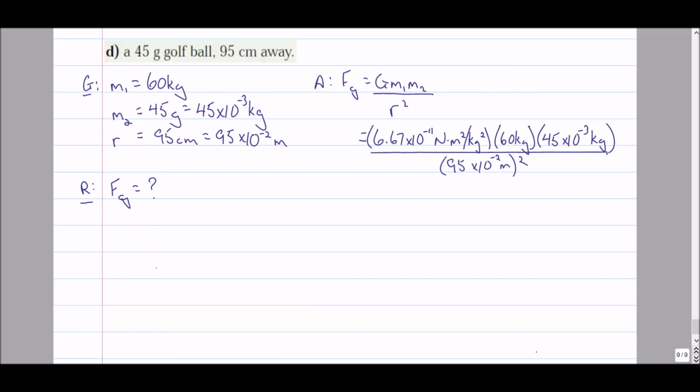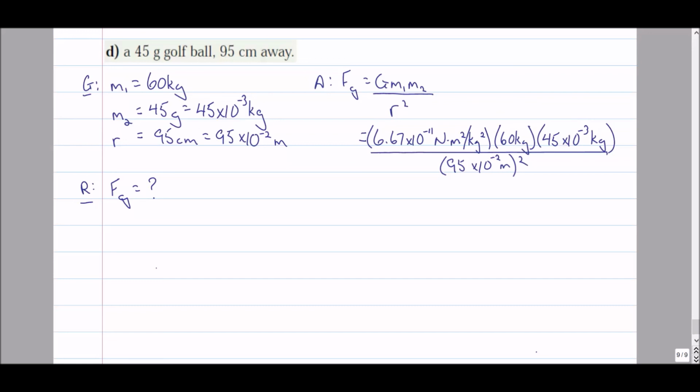All you have to do is remember that there are 100 centimeters in a meter, so I have to divide by 100 or multiply by 10 to the power of minus 2 from that 95. Then it's just a plug and play. Oh, and by the way, if you're typing this into your calculator, that 45 would be EXP or EE, depending on your calculator, minus 3. And 95 EXP minus 2 for the separation distance.